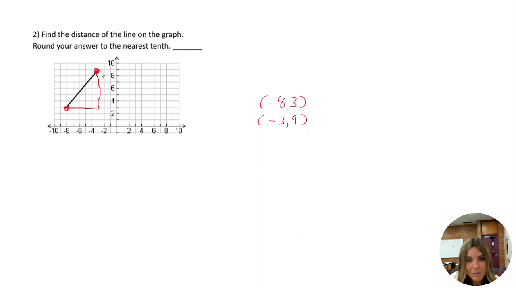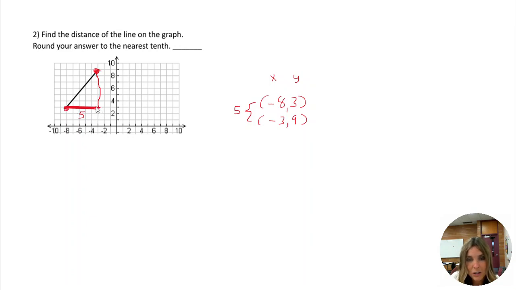So if I'm trying to find the distance of this side right here, you can see that this is a horizontal change. And these are our x coordinates, these are our y coordinates. So if we move from -8 to -3, you can see that this change right here is going to be 5 spaces. That is the distance of that line segment right there, 5 spaces.